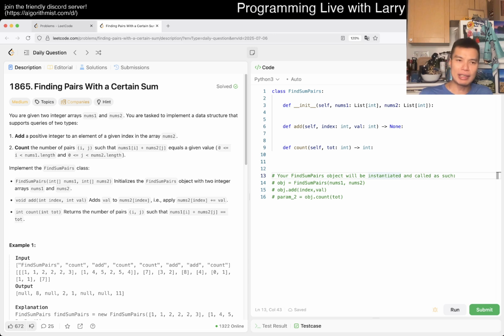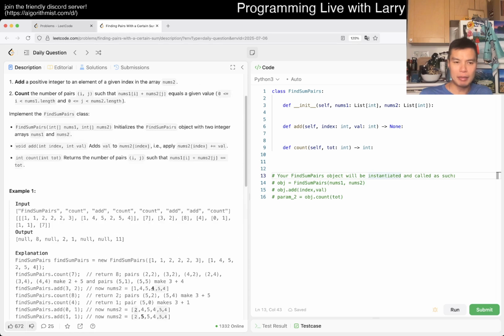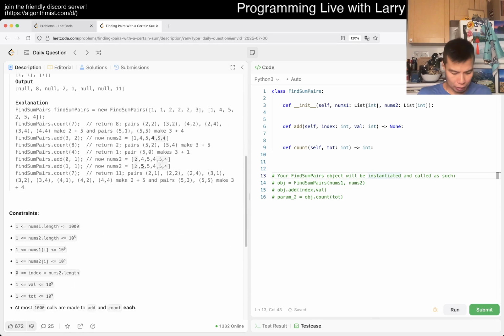So I think this should be pretty straightforward. I look at the constraints, and it's actually a little bit different.